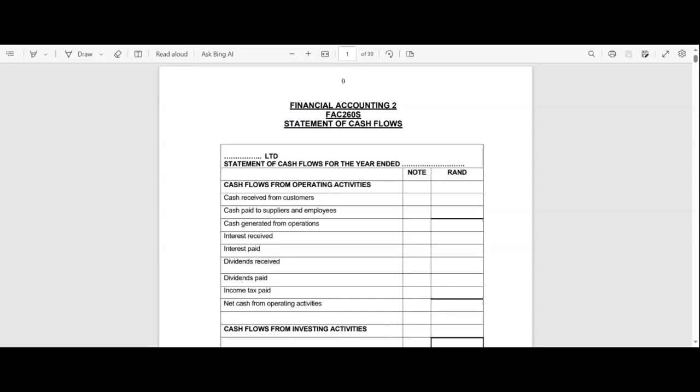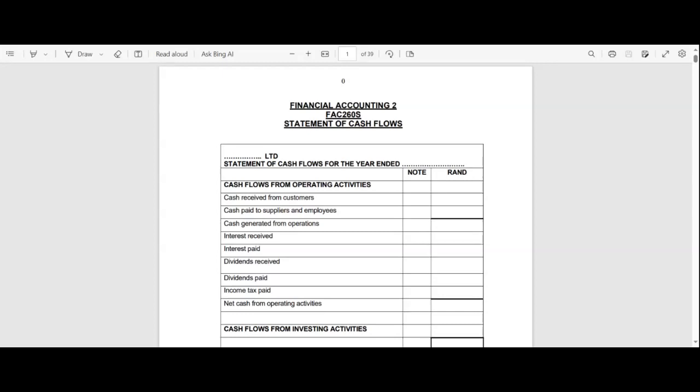Let us just go back to the start of this year. You remember we first dealt with the conceptual framework, and then we looked at the presentation of financial statements, IAS 1, International Accounting Standard number 1.